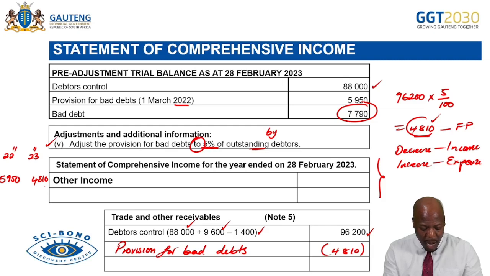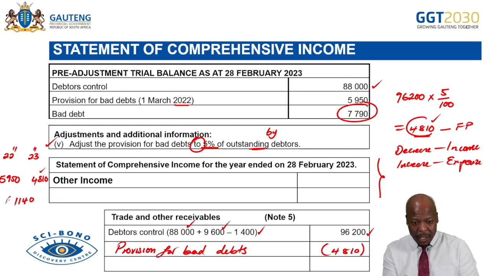Now, what is the difference between these two figures? 5,950 minus 4,810. How much do you get as a difference? Your difference is 1,140, and that is a decrease.